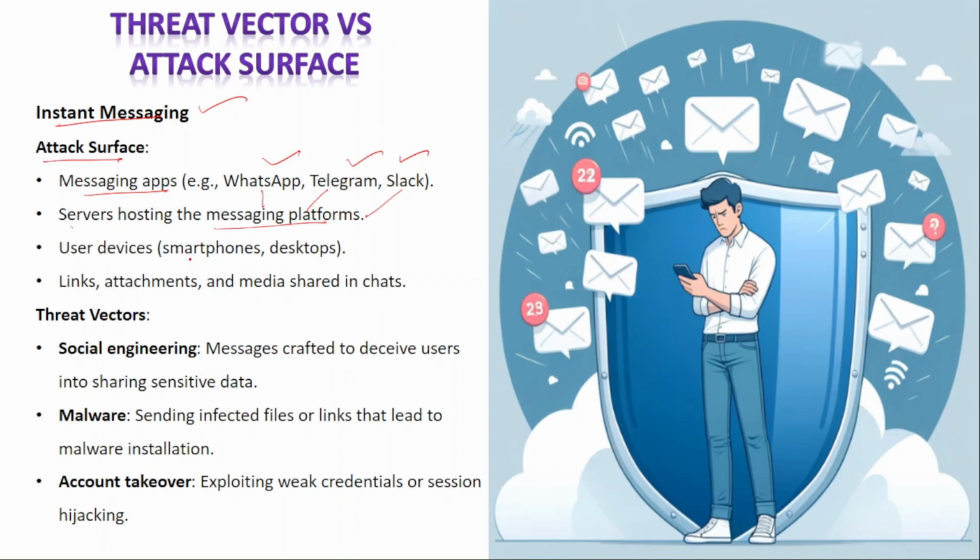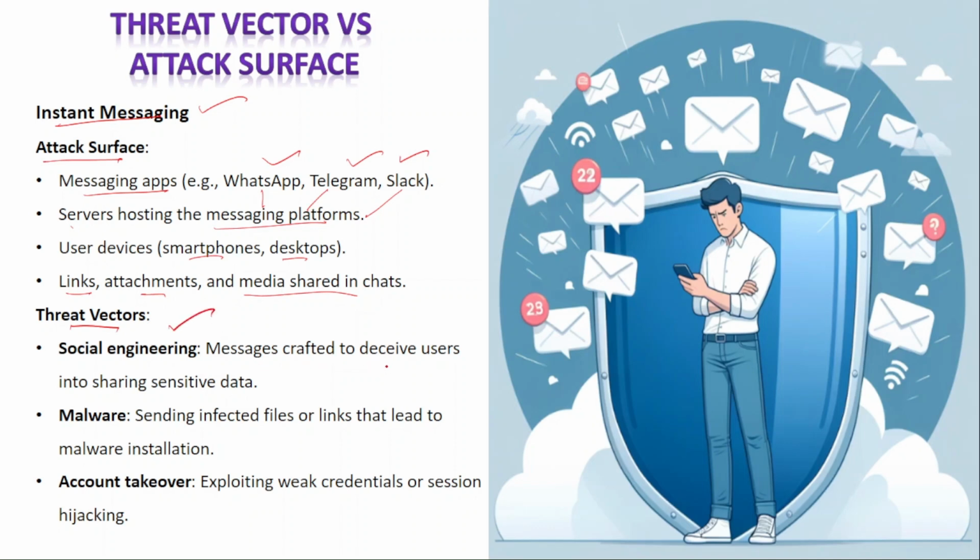User devices like smartphones and desktops on which these apps are used. And again, these apps also have the facility of links, attachments, and media that can be shared through them. So these are also potential attack surfaces. So what are the threat vectors? These include social engineering.